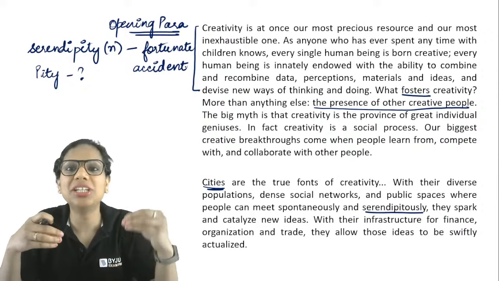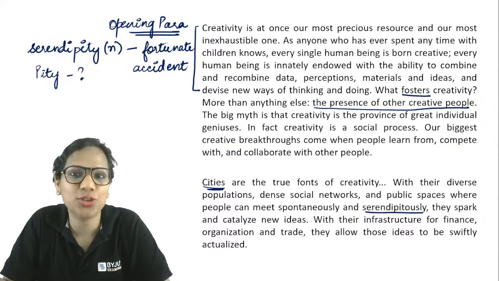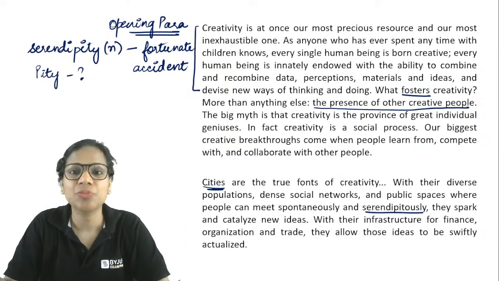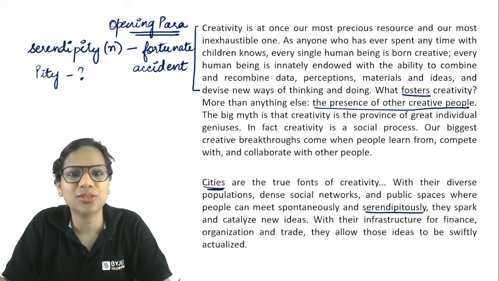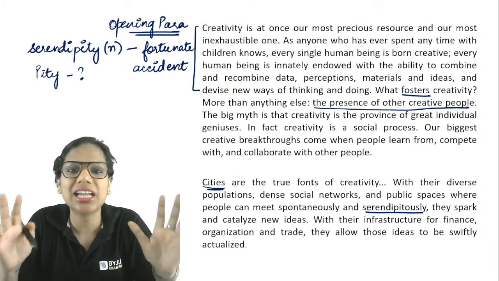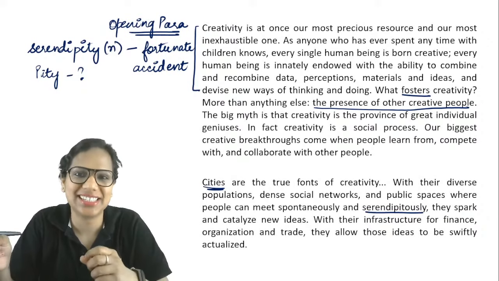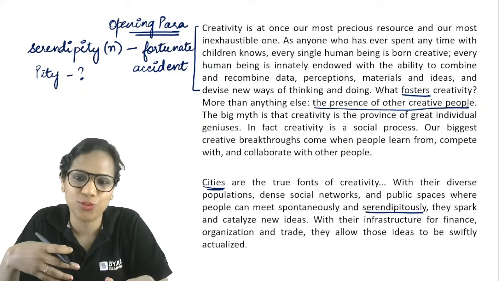So basically, when you meet somebody accidentally and it turns out to be really lucky for you, that is serendipity, right? When two people meet by accident, they start liking each other, decide to spend their whole life together, they say that, okay, we met serendipitously. That is serendipity, a fortunate accident, right? Something that happens by chance and proves to be lucky for you.